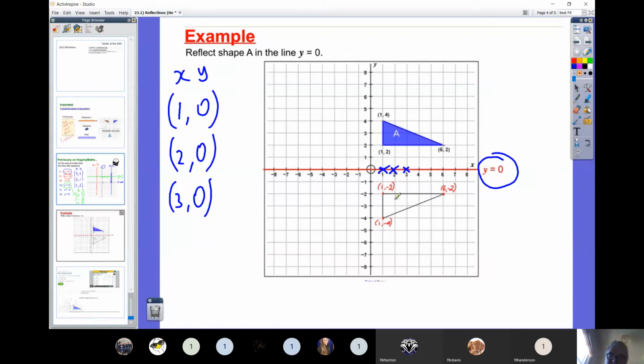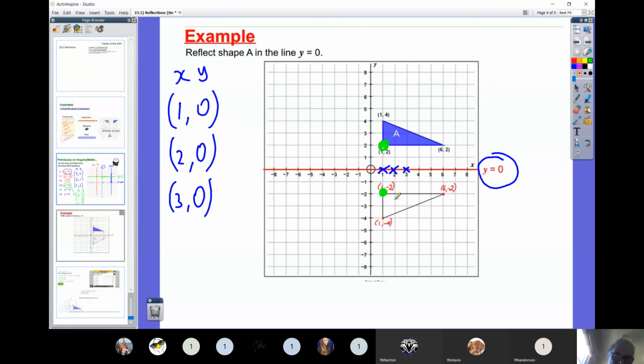So once you've got your mirror line in, you've just got to picture yourself looking in a mirror. You just reflect all the points. So this blue shape here was the shape we were given as a starting point. We've got to reflect that. So you take every point and just reflect it in the mirror. Now that is 2 squares away from the mirror line. So you go 2 squares behind the mirror line. So that point there becomes that point there.